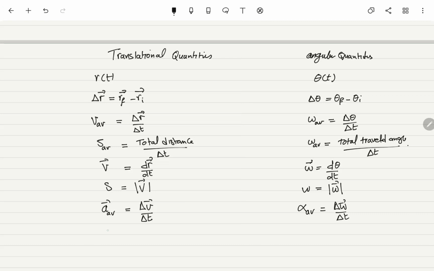And finally, the instantaneous acceleration equals dv by dt. Instantaneous angular acceleration equals d omega by dt. As we can see here, this is the comparison between translational quantities and angular quantities.